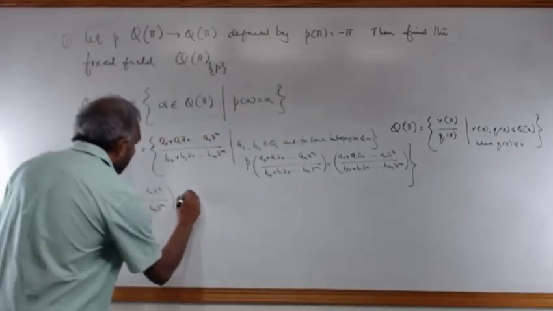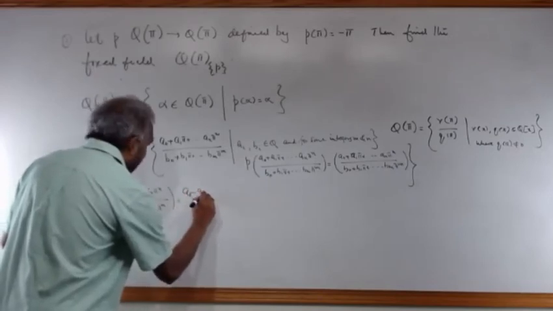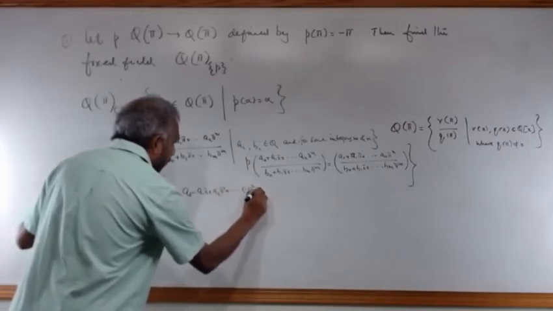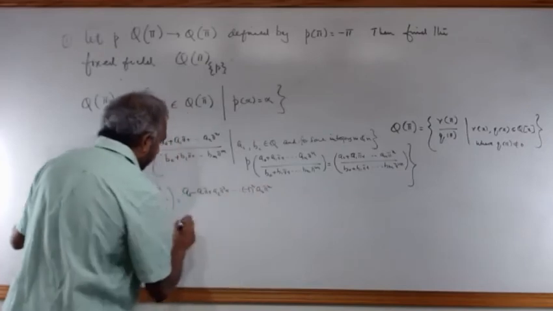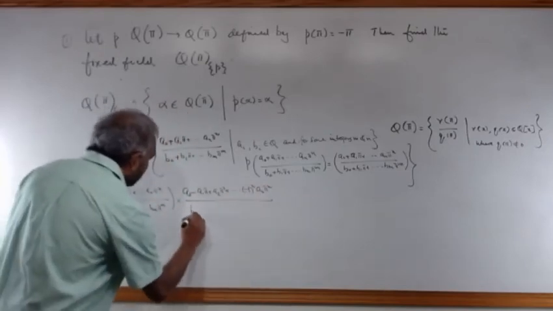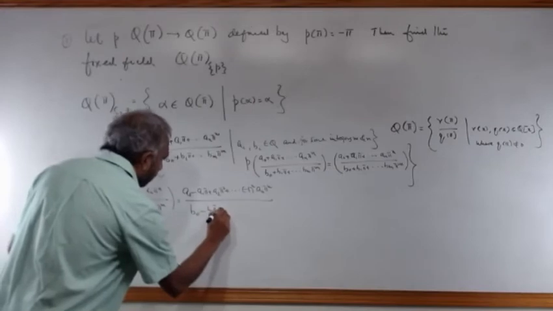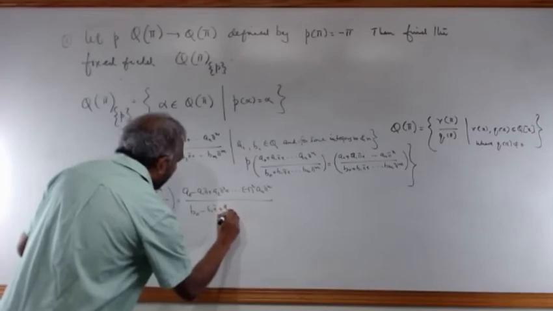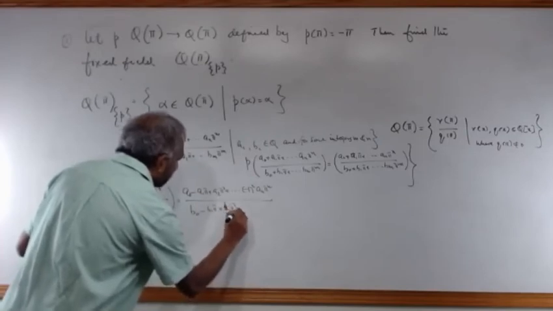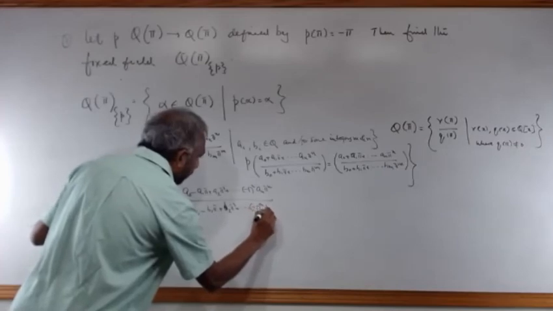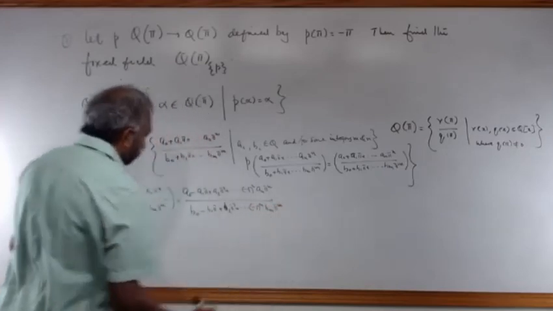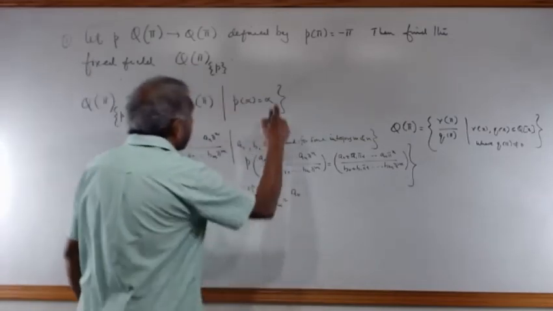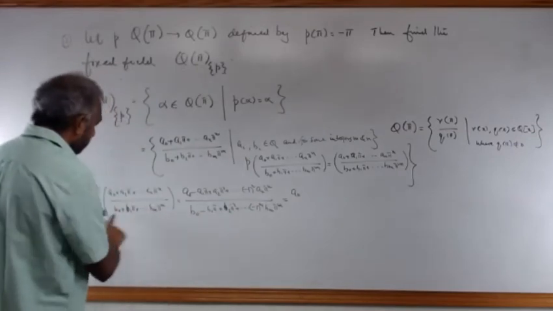So this will be a0 minus a1 pi plus a2 pi square plus dash dash minus 1 to the power of n an pi to the power of n divided by b0 minus b1 pi plus b2 pi square plus dash dash dash minus 1 to the power of m bm pi to the power of m, and that is equal to alpha. This is the definition of P.